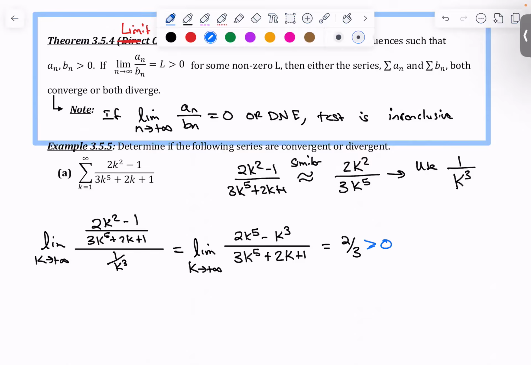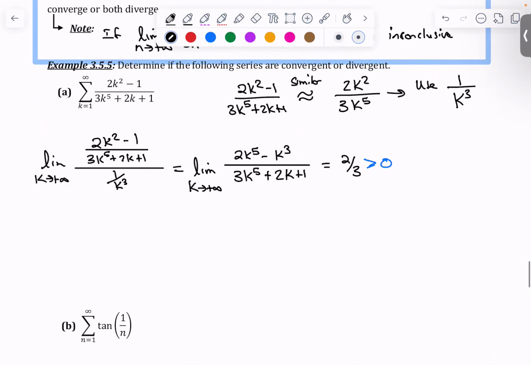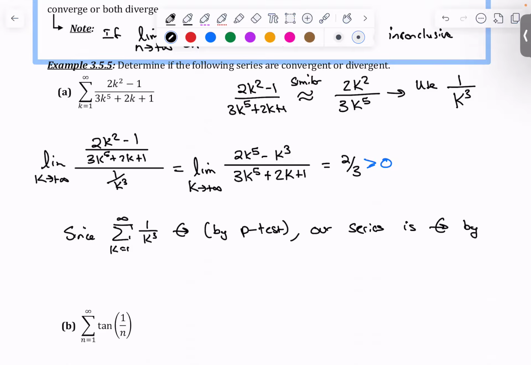If you did it in the reverse fashion, you would get a limit of 3/2, but that is still a finite positive number. So either both of them converge or both of them diverge. But we know by the p-series test that 1 over k cubed converges. Since the series from k equals 1 to infinity of 1 over k cubed is convergent by the p-test, our series is convergent by limit comparison.